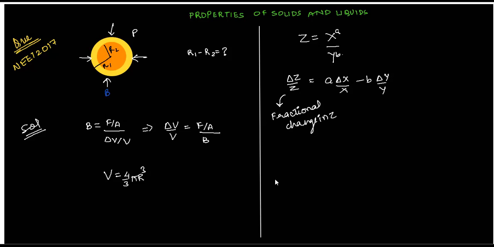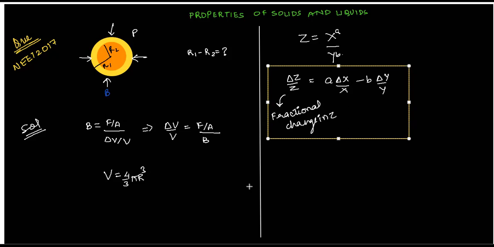So according to this formula, now tell me what should be the value of delta V by V from this expression. This is a constant, right? So we generally ignore all the constants. If there was a k here, it would not have any impact on this fractional change equation. Now tell me what would be the fractional change equation for volume.